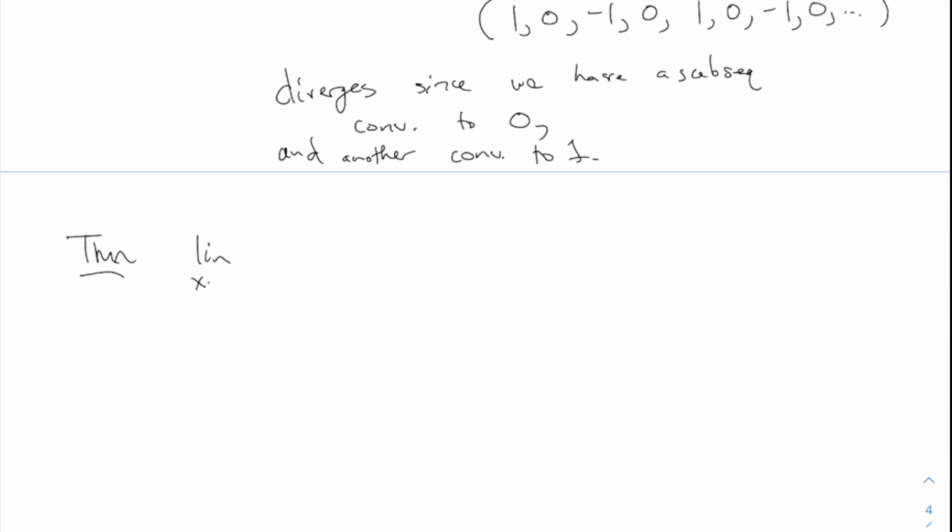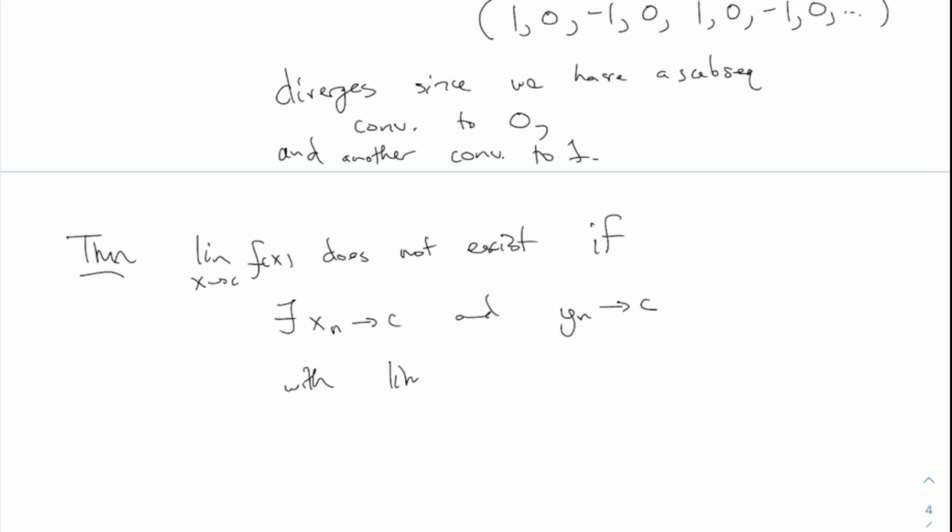The limit as x goes to c of f of x does not exist if there exist two sequences, xn approaching c and yn approaching c, with the limit of f of xn not equal to the limit of f of yn.